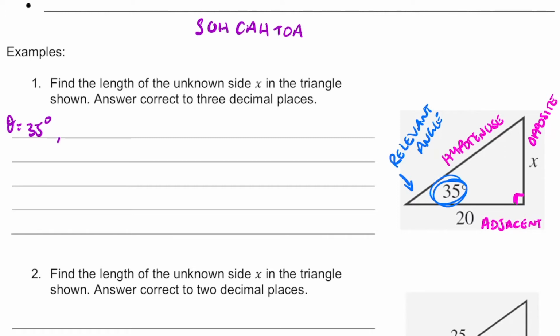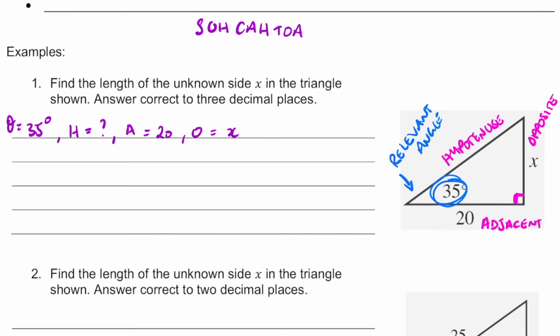We know that the hypotenuse doesn't have a value, so I'm just going to leave that with a question mark. Okay, we don't know the value of the hypotenuse. If we get asked about that later, we can definitely find that out, but we're not actually asked about the hypotenuse. The adjacent side is 20, and the opposite side is our x.